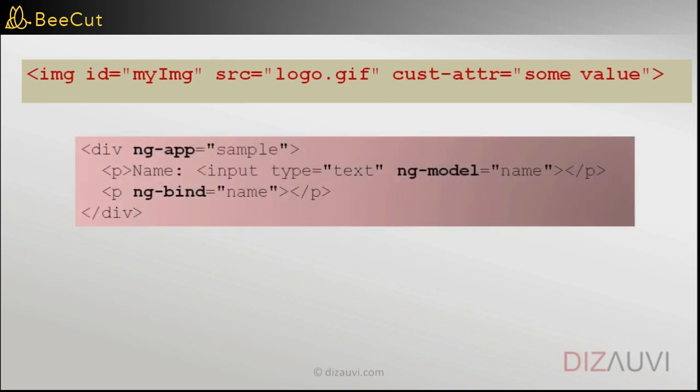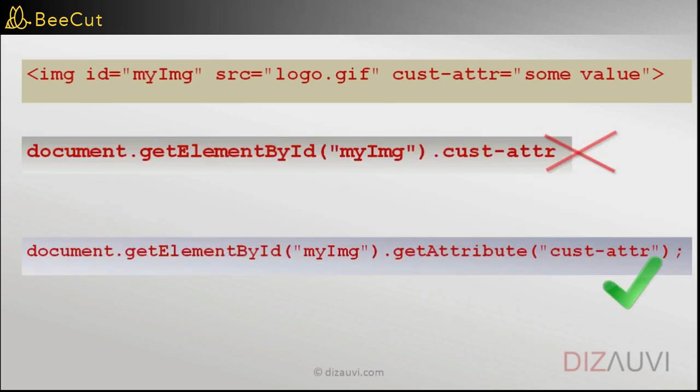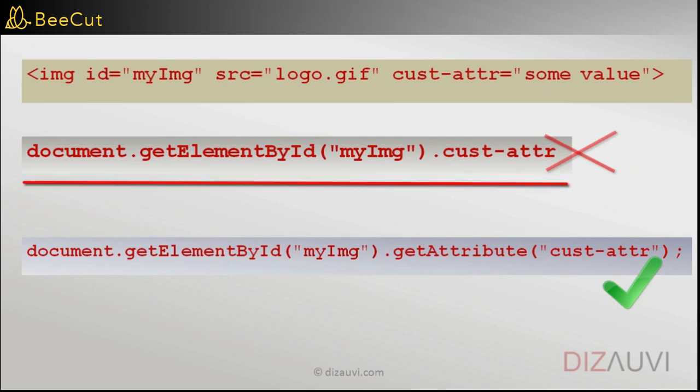For example, AngularJS uses custom attributes starting with ng. Anyways, these attributes cannot be accessed as a property of the HTML DOM element. So in this example, this JavaScript statement would be incorrect.